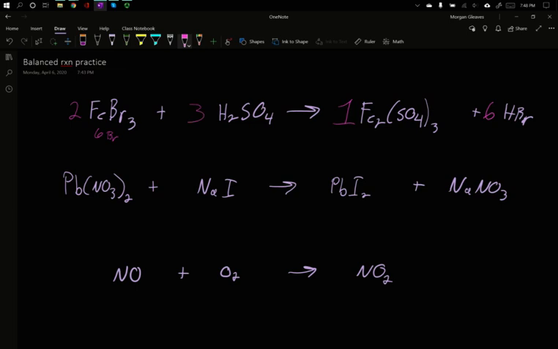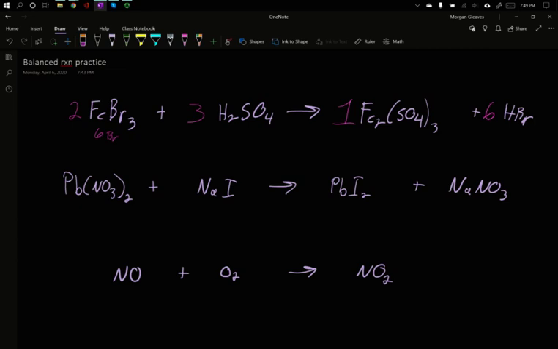If I had 3 H2SO4s, that would give me 3 times 2 hydrogens, for 6 hydrogens. It also gives me 3 sulfates, which, if we think back to our starting iron 3 sulfate, 1 times 3, I had 3 sulfates. So this works out. It is 2 iron 3 bromides plus 3 sulfuric acids will give me 1 iron 3 sulfate and 6 hydrobromic acids.